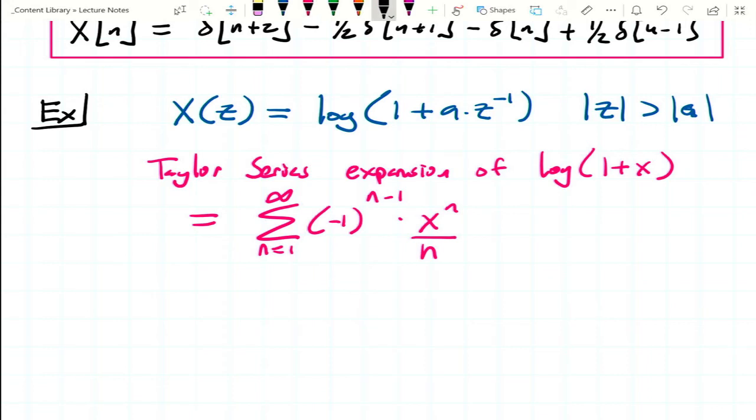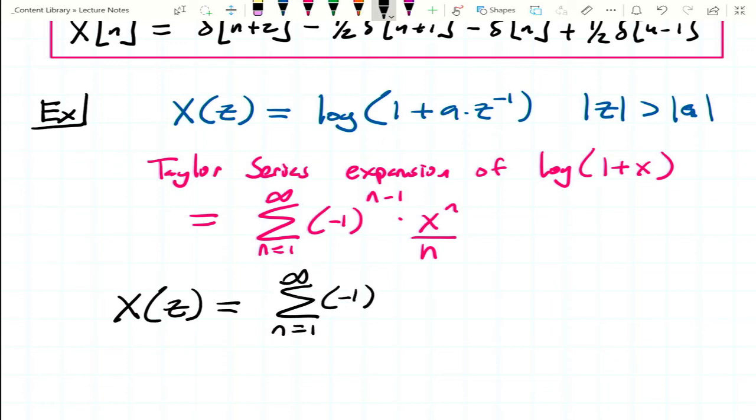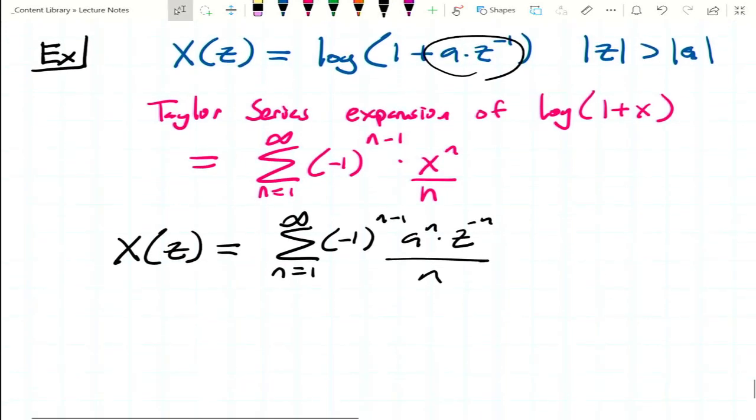Which means that, notice there's no z's happening here, x of z is going to be equal to the series from n equals 1 to infinity of minus 1 to the n minus 1 times a to the n times z to the negative n, right, because that's your whole x is wrapped up in there, over n. So we're good with that part, and that was the magical part.